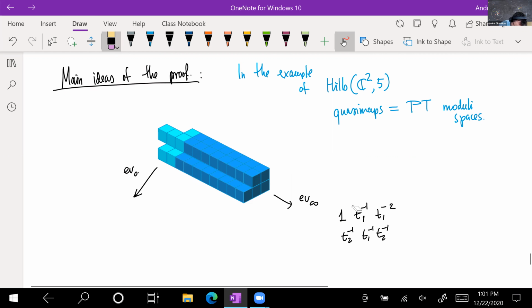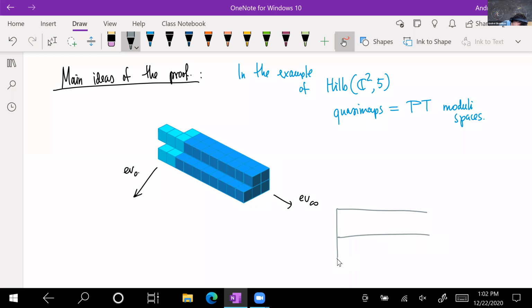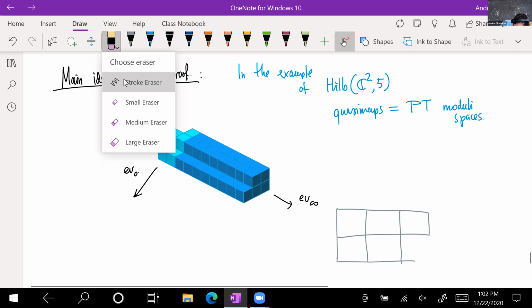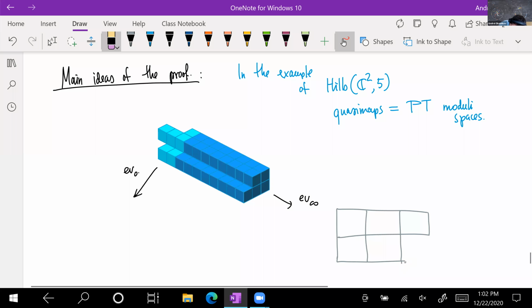So maybe I need to draw a little table here. This way we can see it more clearly. So 1, T1 inverse, T1 minus 2, T2 inverse, T1 inverse T2 inverse. That's what it takes at infinity.